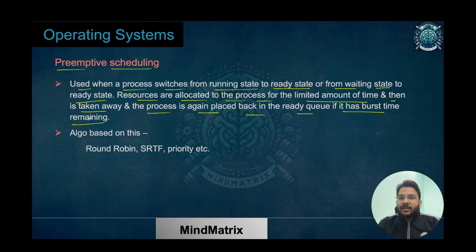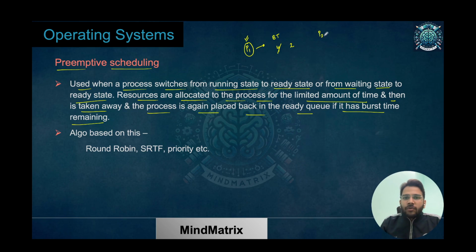So understand the meaning of this line. Let's say a process P1 is executing. Let's say its burst time, or the CPU time or running time, is 4 units of time. Now let's say P1 is executing and it has executed for 2 units of time. So 2 units of burst time are still remaining, correct?